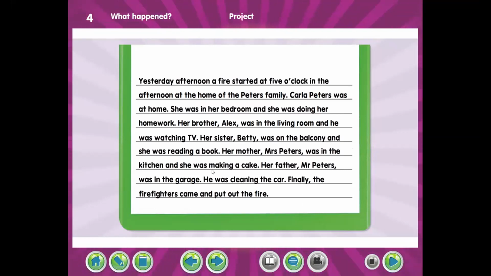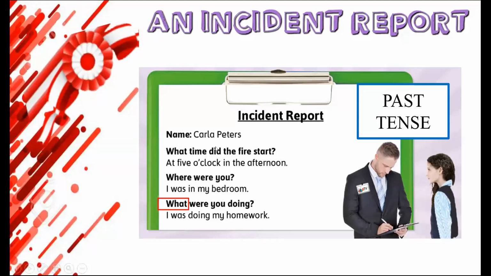Pay attention, please. We are going to work now in the composition. This incident report is about an accident. For example, the incident is this, fire. Teacher, what is a fire? The fire is the incident, the accident.